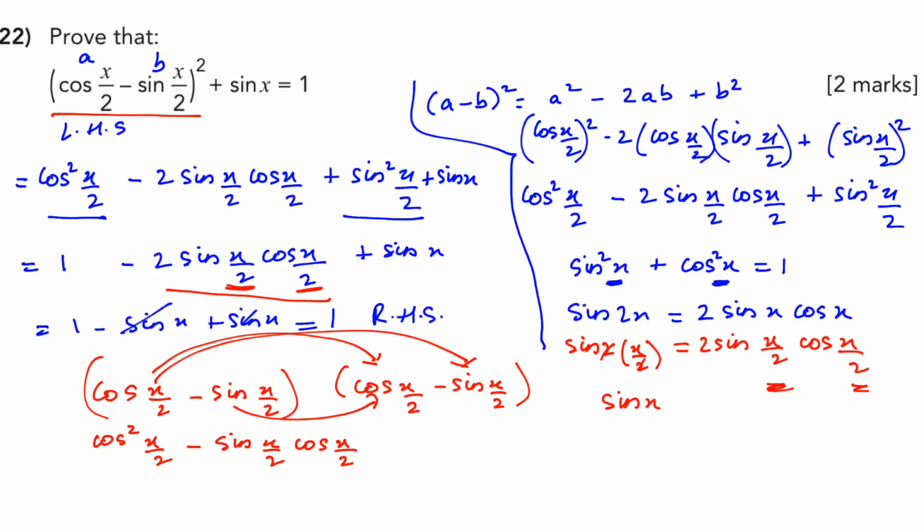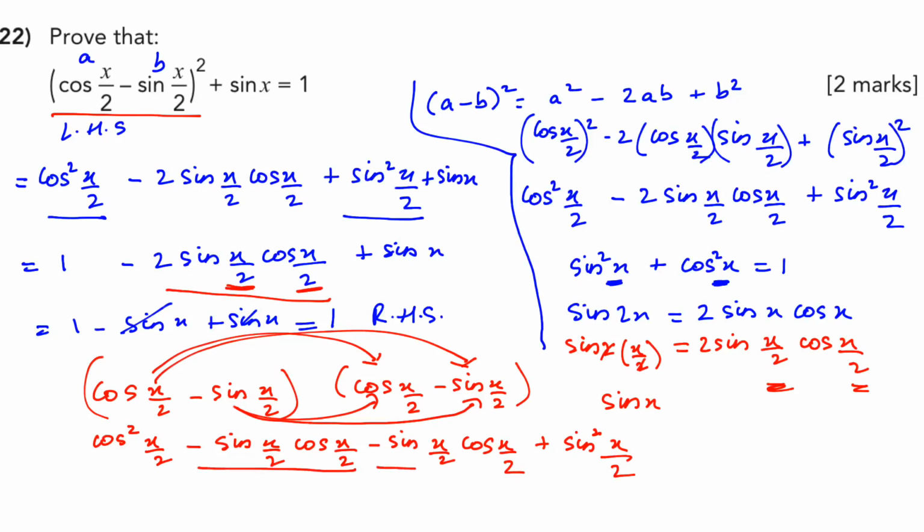The same we will do with negative sin x over 2. We'll get negative sin x over 2 and cos x over 2. And then negative sin x over 2 multiplied by negative sin x over 2 will be positive sin square x over 2. Now when we simplify it, we add the like terms together.